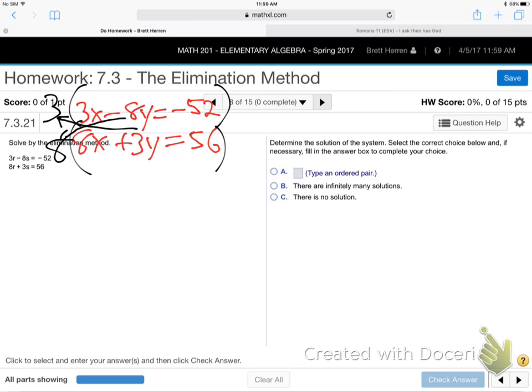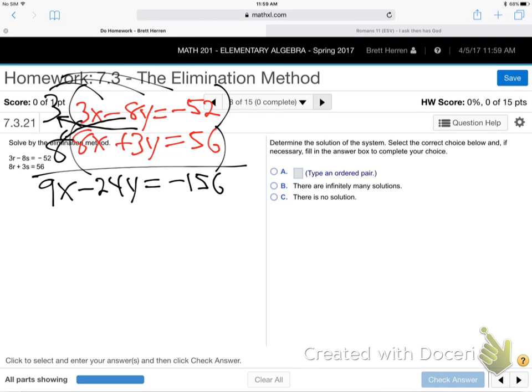All right, how we doing? You getting that? So boom, boom, boom. 9x minus 24y is minus 156. 64x plus 24y is 448.